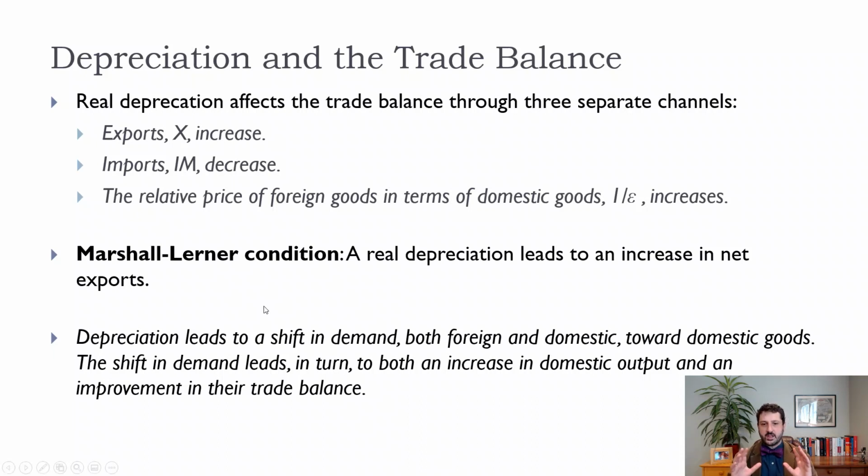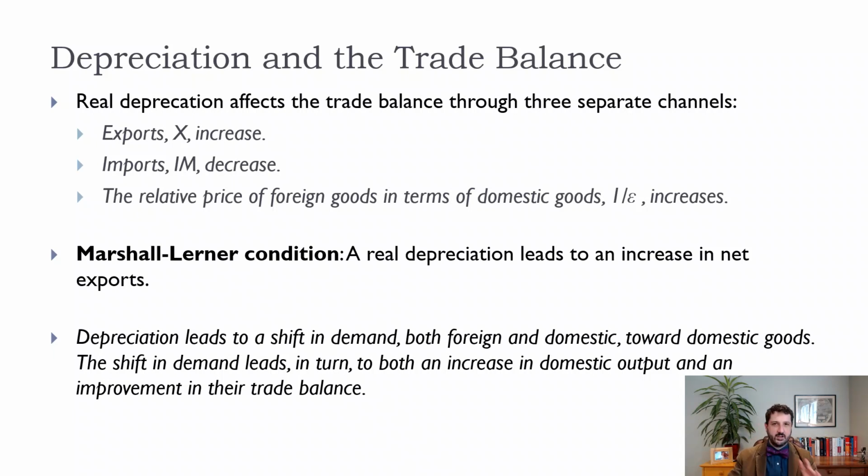So that means that that shift in demand is going to lead to an increase in domestic output and an improvement in the trade balance. And so, if we think about some criticisms of China, 10, 15, 20 years ago, it was that they were keeping their currency relatively low in order to increase their exports, right?